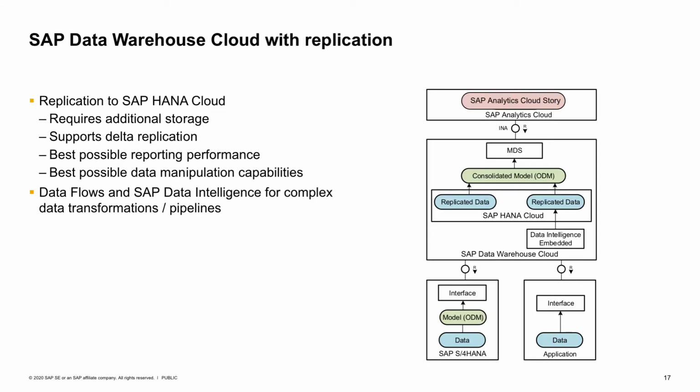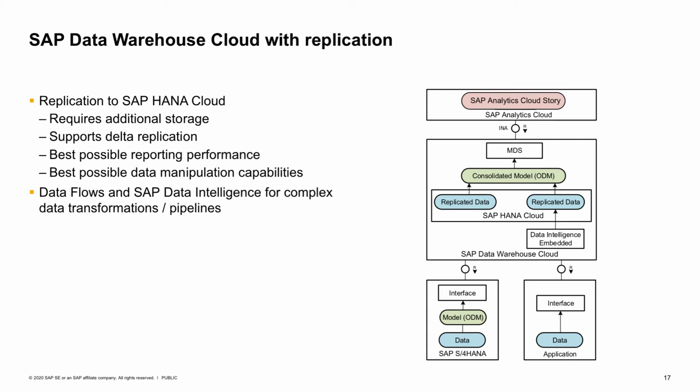When you use replication with SAP Data Warehouse Cloud, then you will get also much more powerful options. Of course, you will require some additional storage in DWC, but we will support also optimization of data access to your primary storages by supporting data replication.